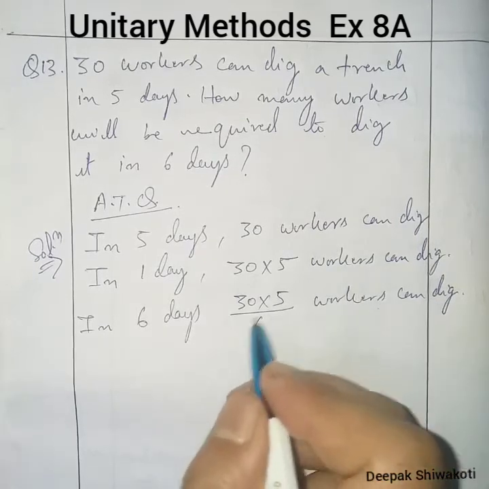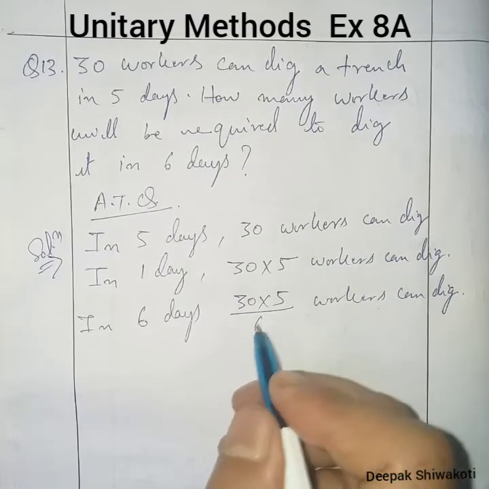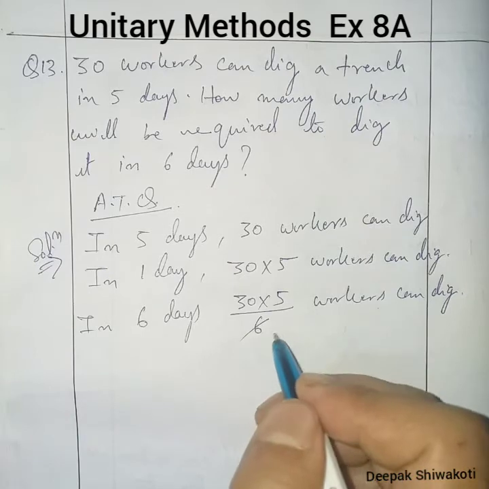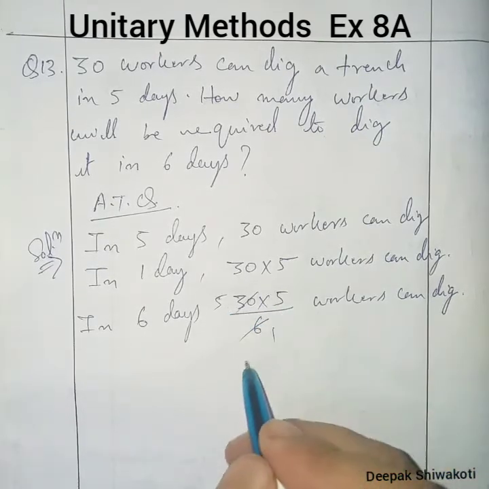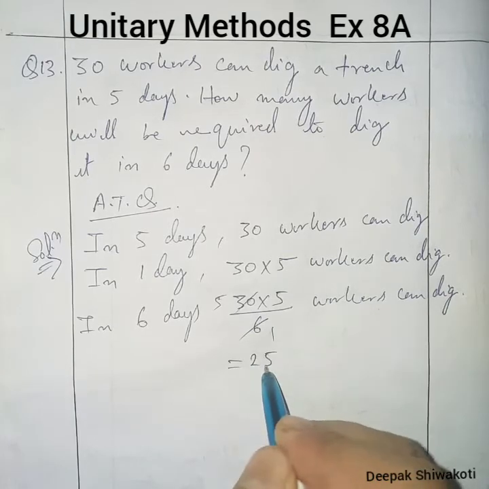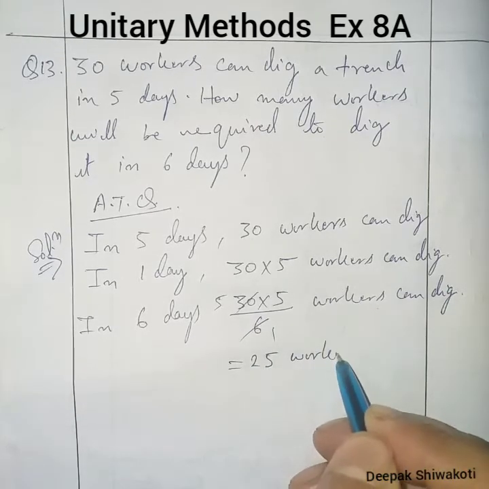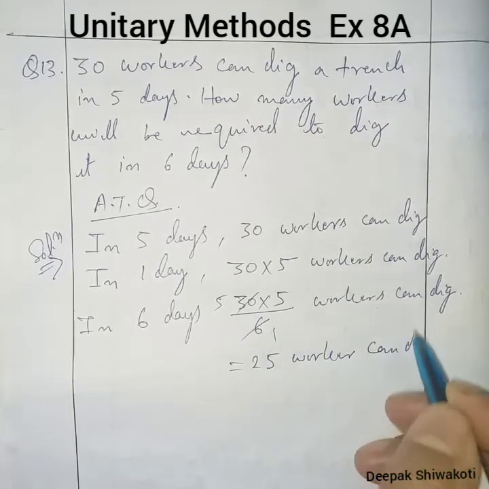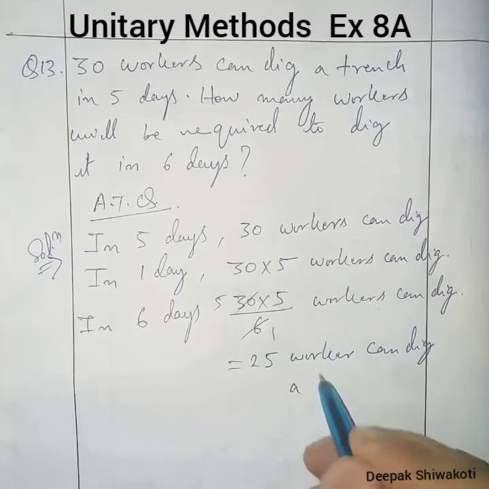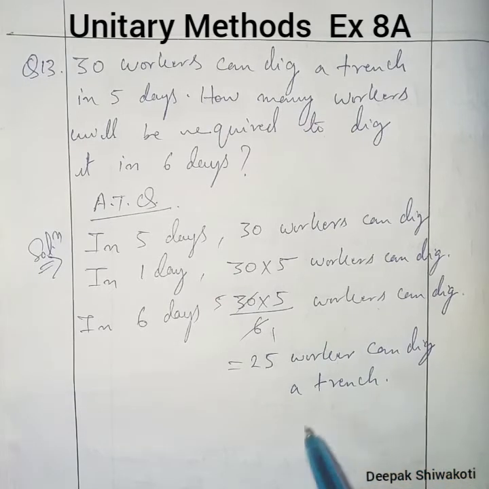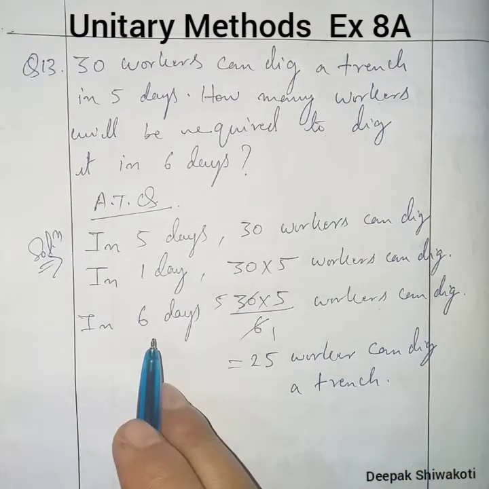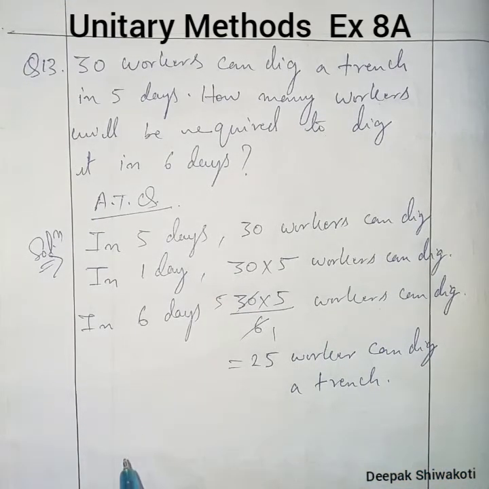And here by doing simple calculation, 6 1s are 6, 5 5s are 25 workers can dig a trench in 6 days. Okay, question number 14 now.